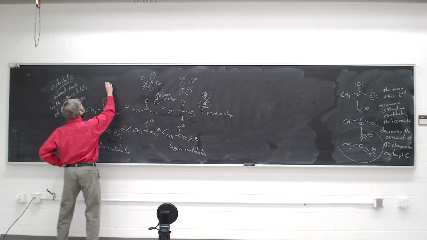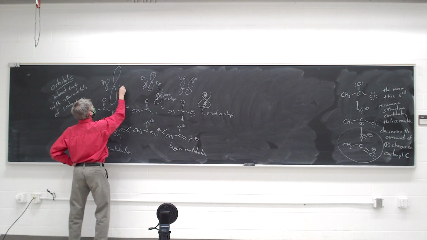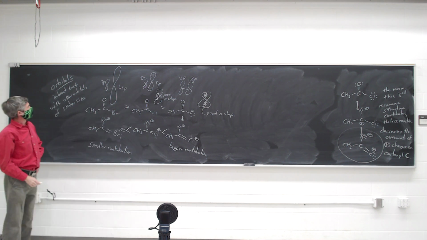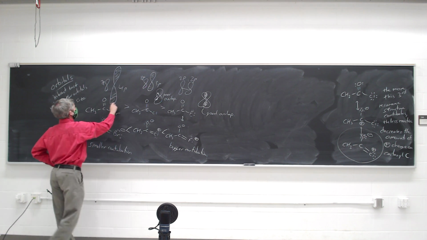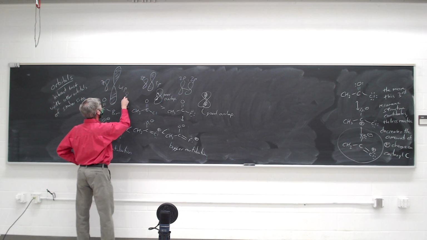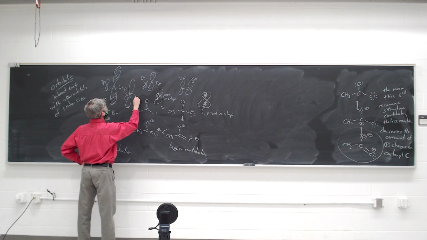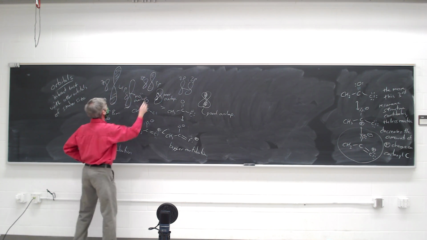And for the bromine, we're talking about a 2p orbital overlapping with the 4p orbital. That's going to be terrible overlap. Almost all the electron density of the 4p orbital is out here, where the 2p orbital can't even touch it. Right? So I'm going to say no overlap.